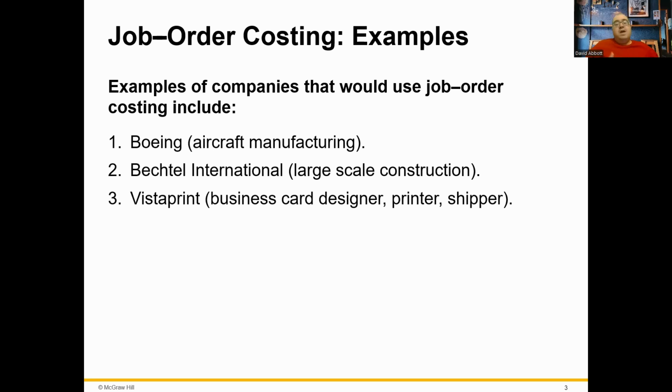Each one of those is going to be different. Even within business cards, it's going to be different. I know I have had some that had foil on them, and so it was printed in such a way that it had foil. So that's going to be a different cost. So for anything that's customizable, we can use job order costing, and it's a good way for us to use it.